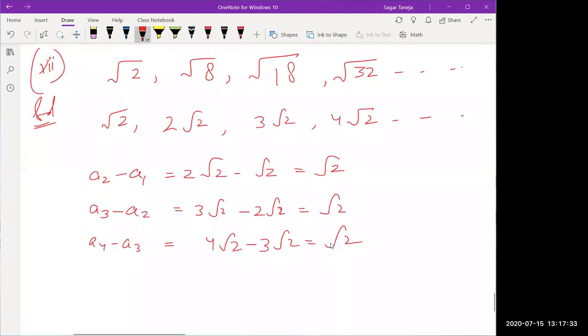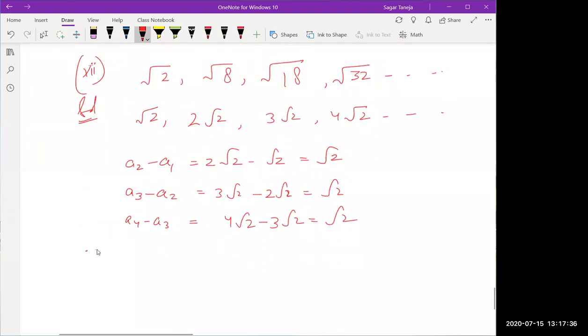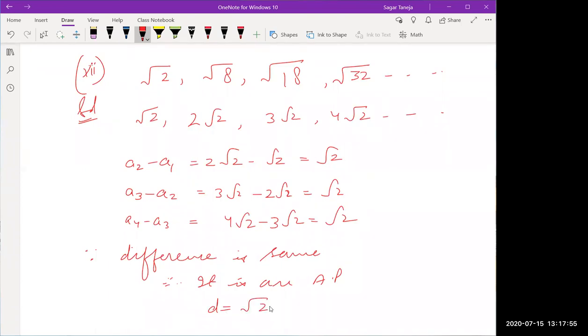So you can write here that since difference is same in each case, therefore it is an AP. If it is an AP, then we have to mention the common difference, which is represented by letter D, and which is root 2 here.